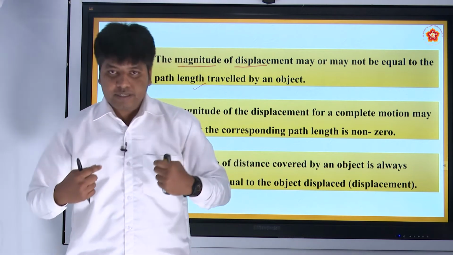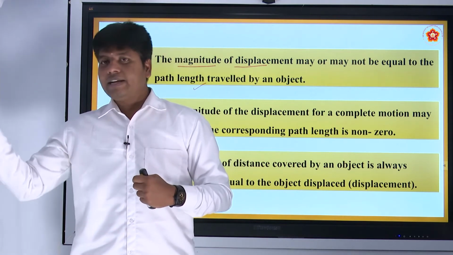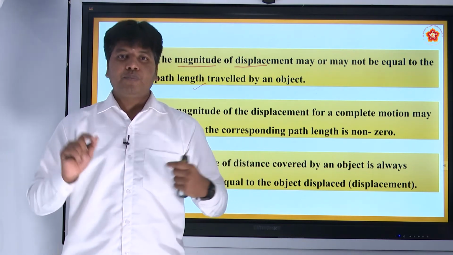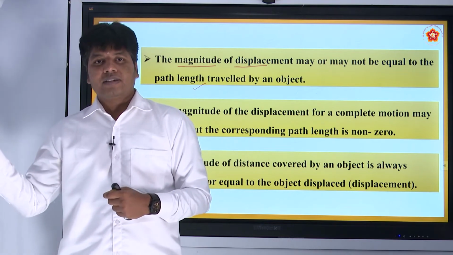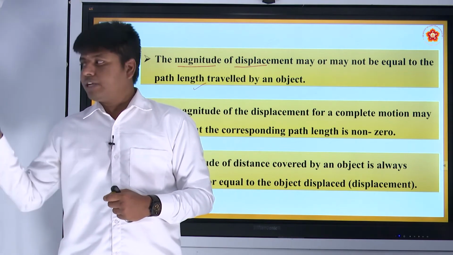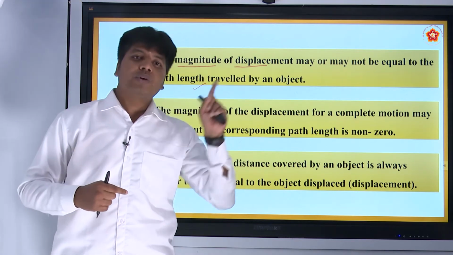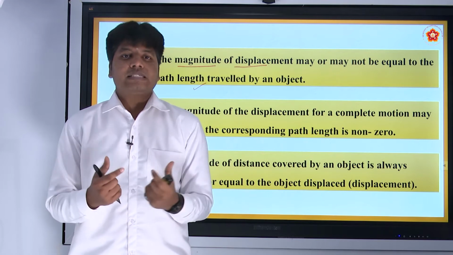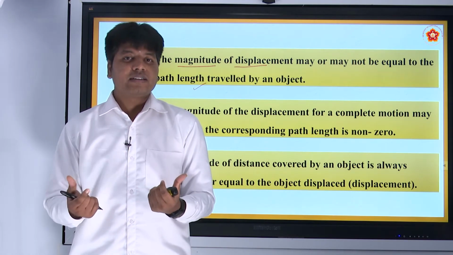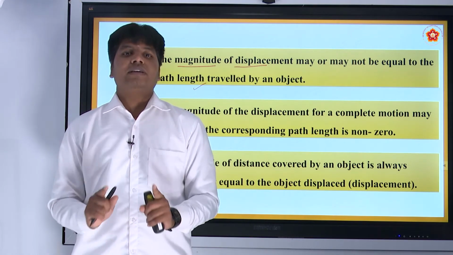If my original position is here, I may move right, I may move left. If I move right 5 meters, I have to differentiate that from the same 5 meters if I move towards my left. If I only say 5 meters, it doesn't make any sense. I need to say which direction I am moving.